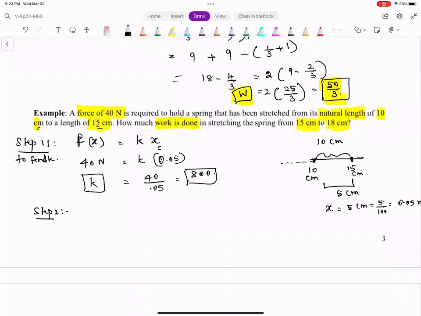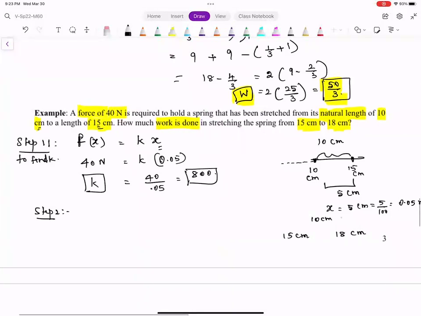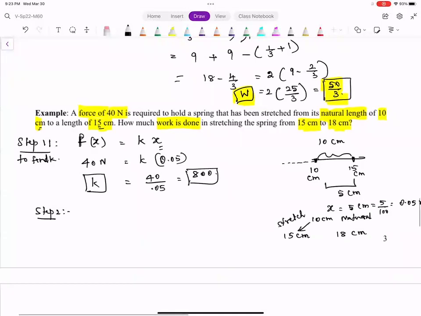How much work is done in stretching the spring from 15 centimeter to 18 centimeter? The natural length is 10 centimeter. The stretch here is 5 centimeter.